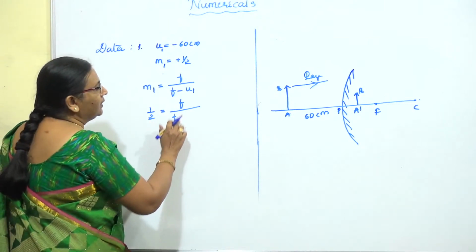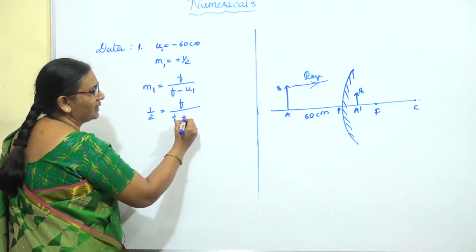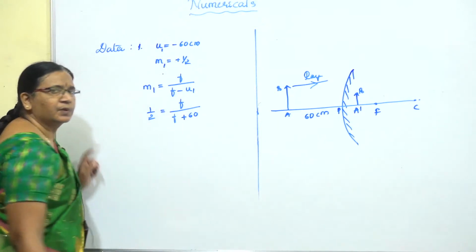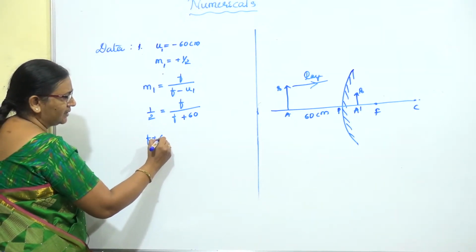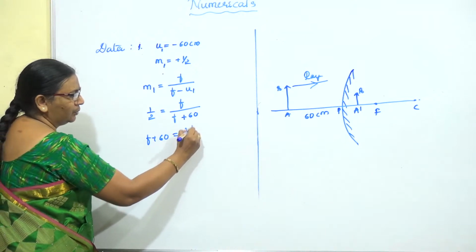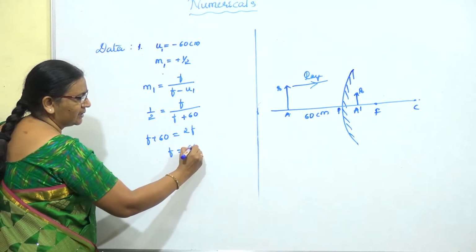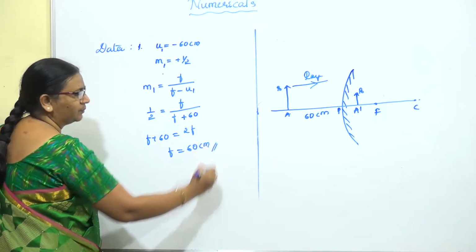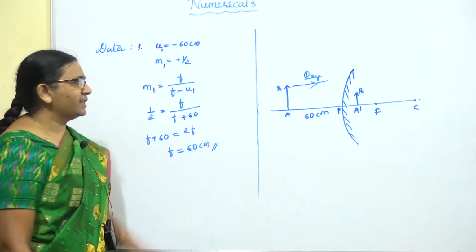So F minus U1, but U1 is given, minus of minus becomes 60. This becomes F plus 60 equal to 2F, or F itself became 60 centimeter. See, we got positive. Now apply for the second situation.